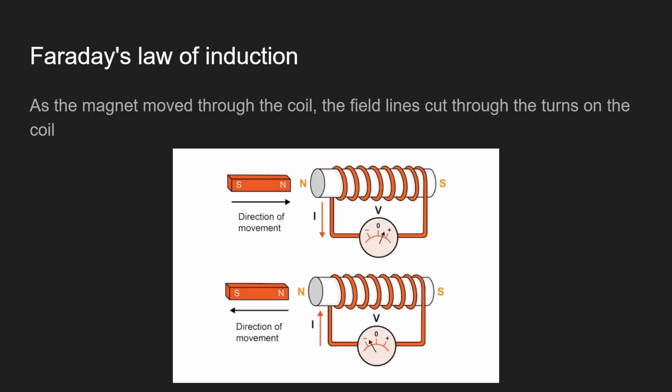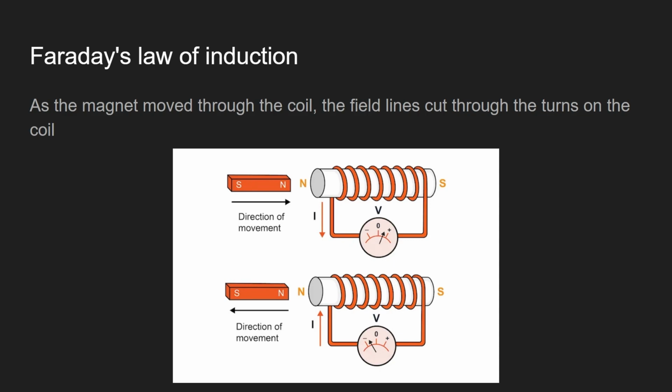Not that important in your exam, but you know that when you move a magnet into a coil, the coil will try to generate a magnetic field against the movement of the magnet. This is the Faraday law of induction.